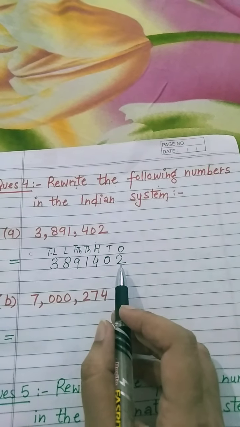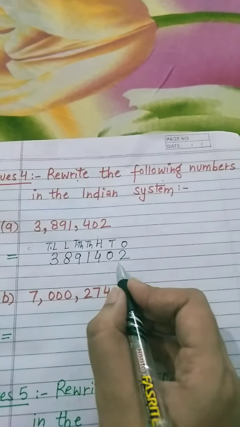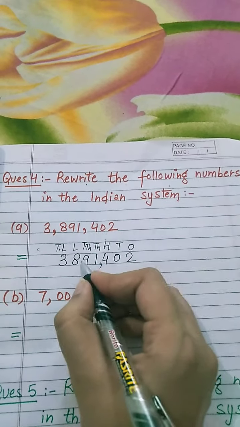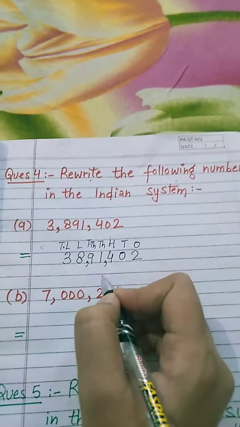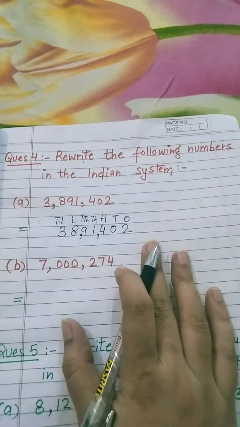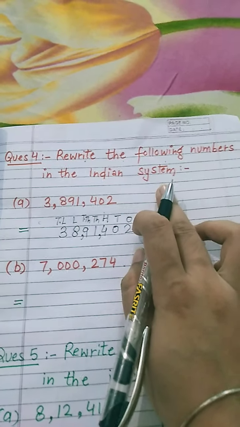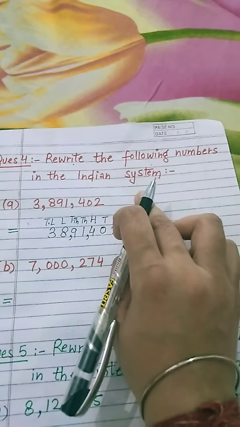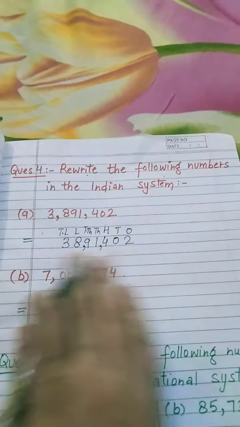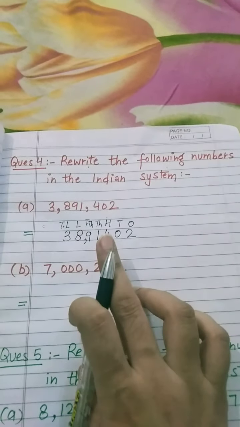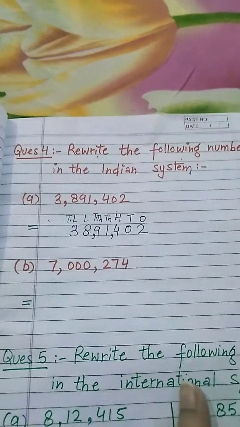As you know, in the Indian system, the first comma is after 100, then after 10,000. So this is the answer. You just have to put the commas according to the question. Like in this question, you have to convert it into the Indian system, so put the commas according to the Indian system. That is, first comma after 3 digits, then after 2 digits.